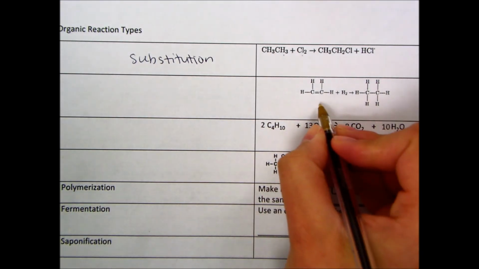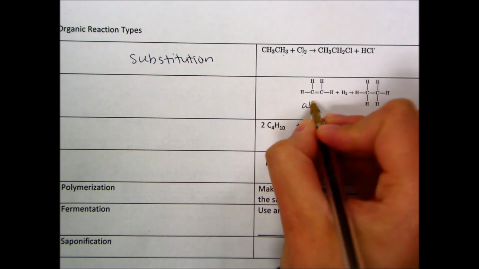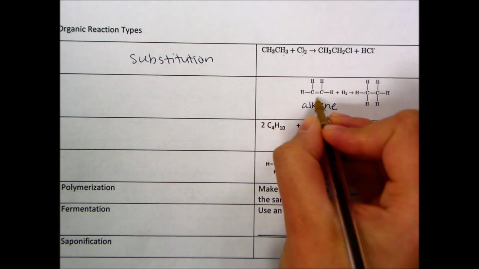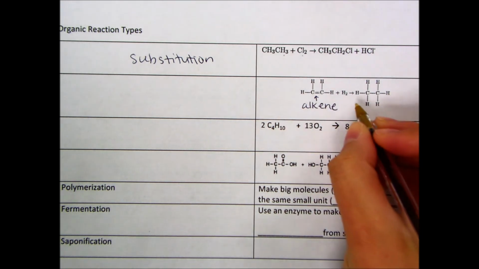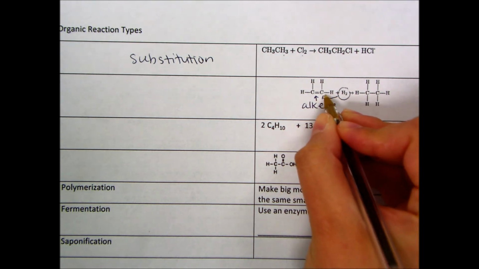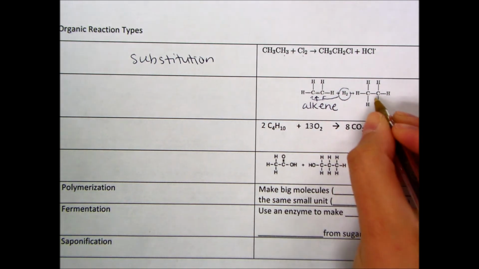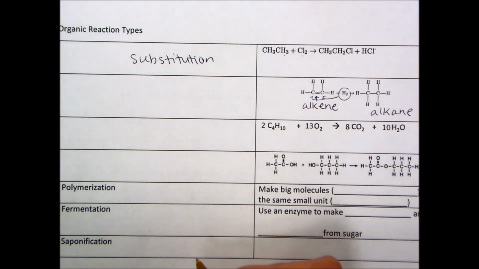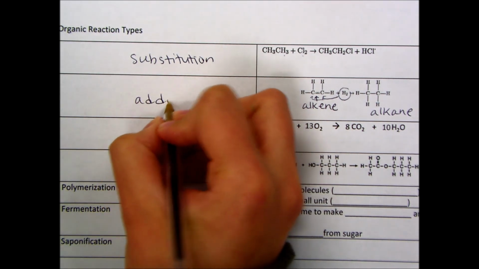When you have a situation like the second one here where you start with an alkene, that double bond, and you add 2 more atoms so that you turn that alkene into an alkane, that is called addition.